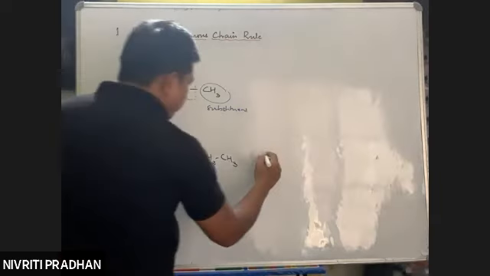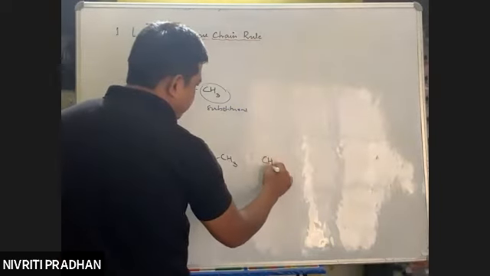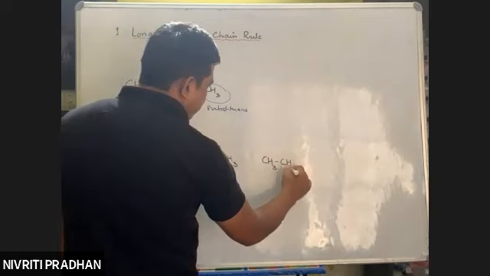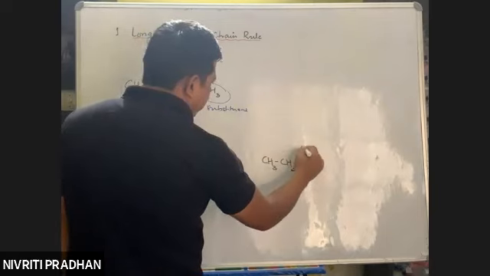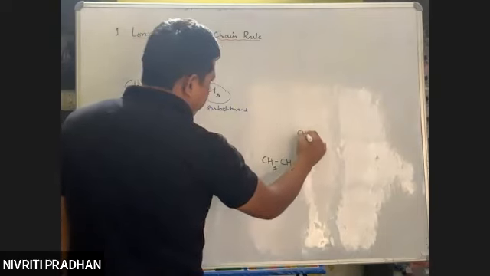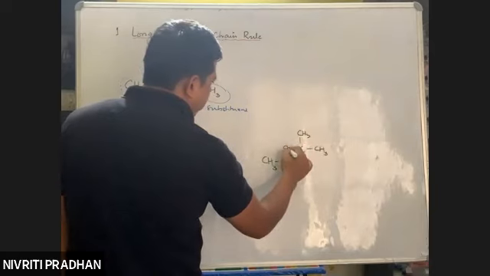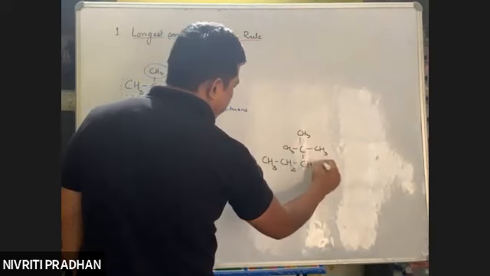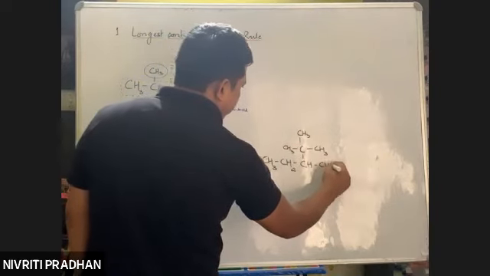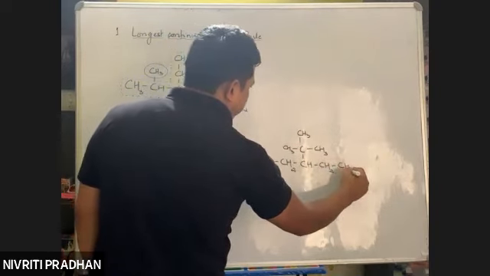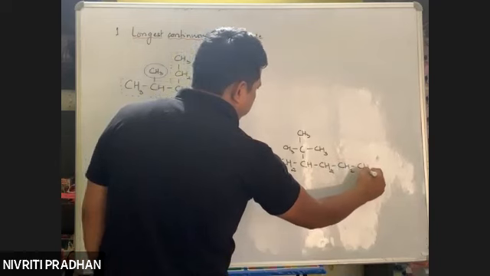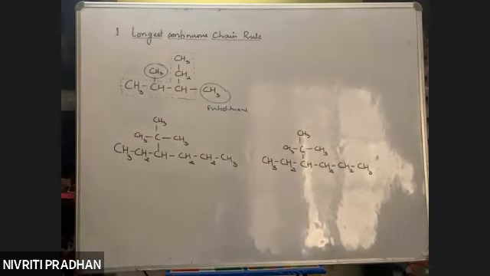I'm going to rewrite this again: CH3, CH2, CH3, CH2, CH2, CH3. These are identical molecules. I have written it two times.